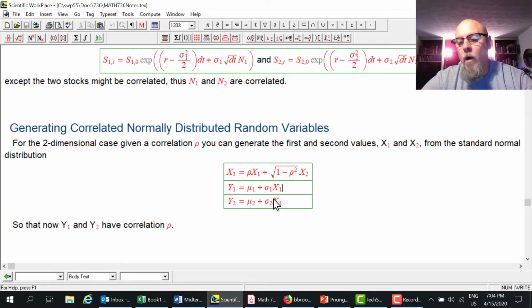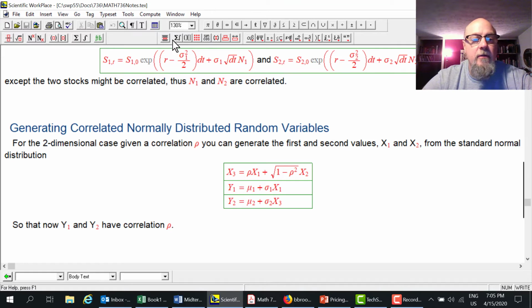And likewise for y2, mu2 is going to be its expected value, and sigma 2 is going to be its standard deviation. We're going to show later on that y1 and y2 are correlated with rho, but right now let's show that the y's are normally distributed with the given expected value.